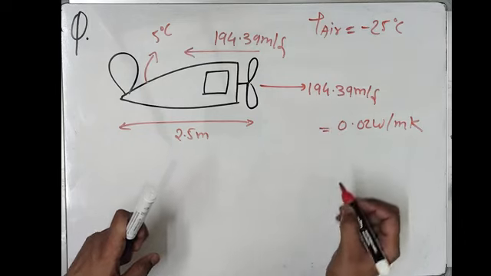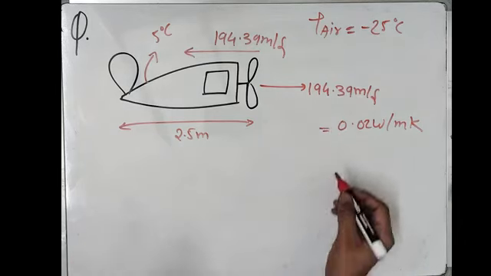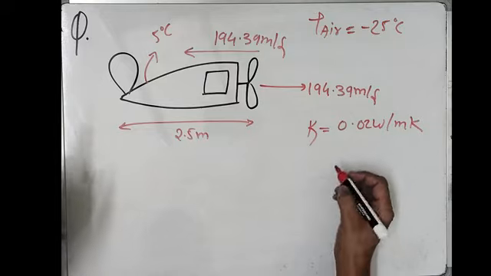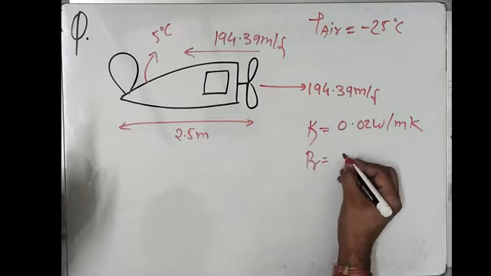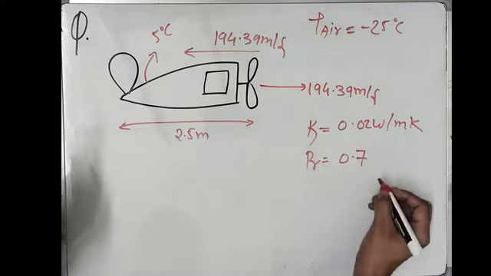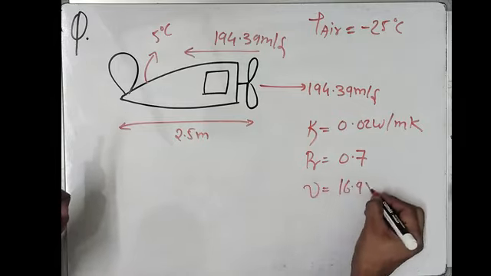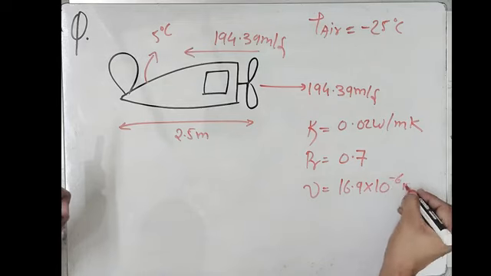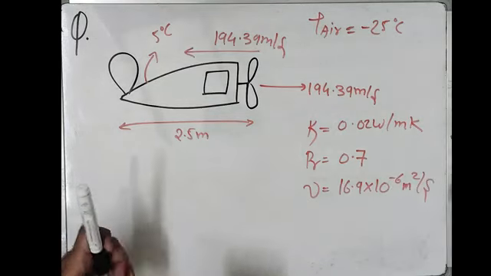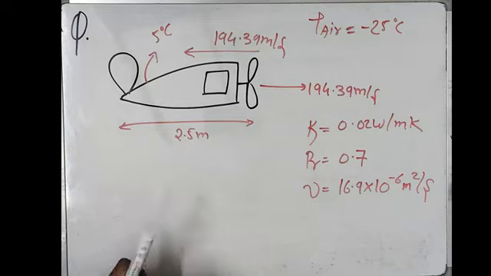The Prandtl number is given as 0.7. The kinematic viscosity is given as 16.9 into 10 to the power minus 6 meters square per second. And we have to find the heat flux needed to maintain the surface temperature at 5 degrees Celsius.